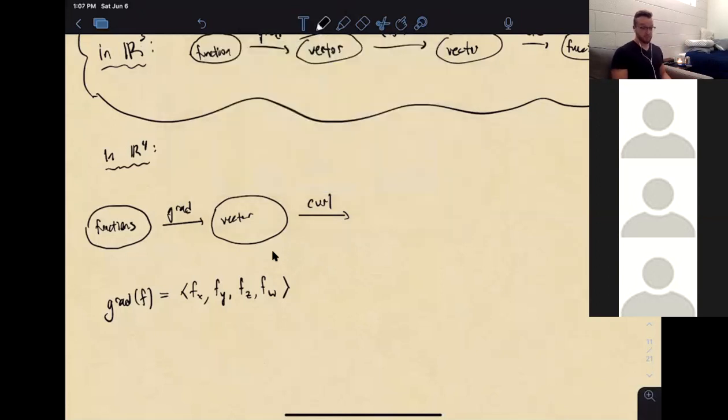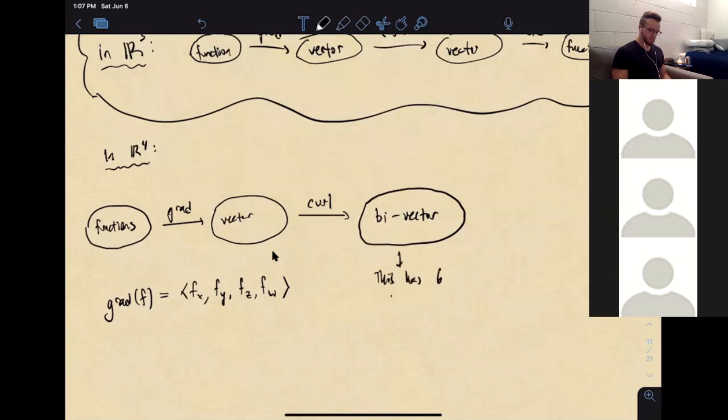It's not a vector. It's not a function. It's neither. In 4 dimensions, the curl eats a vector and it spits out something that we could call a bivector. And it's not really 2 vectors. It's something with 6 components. So this is a little wild.